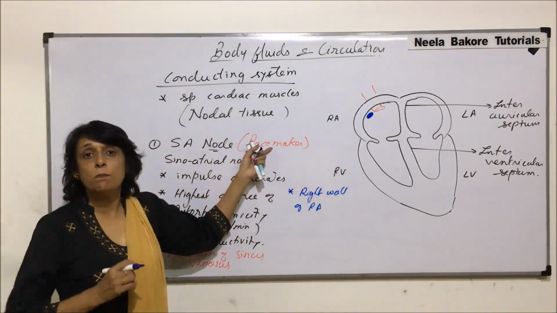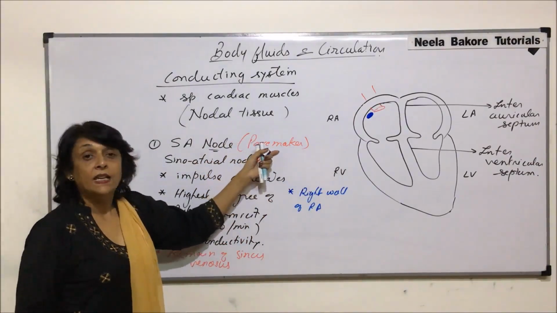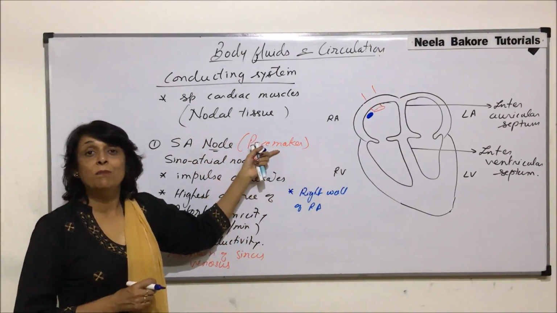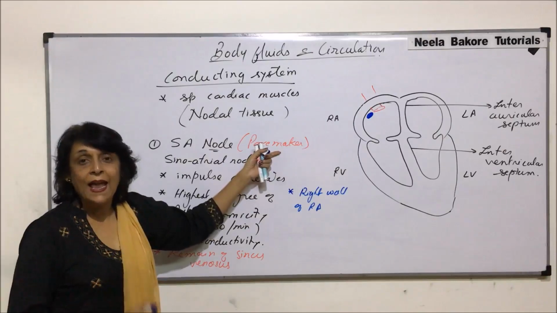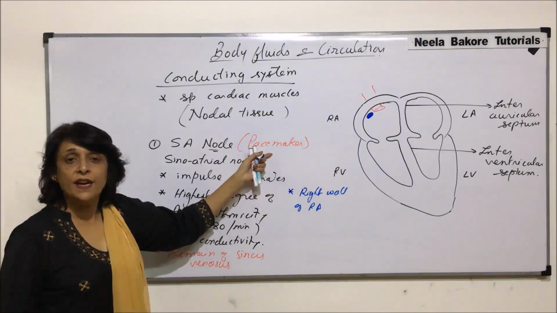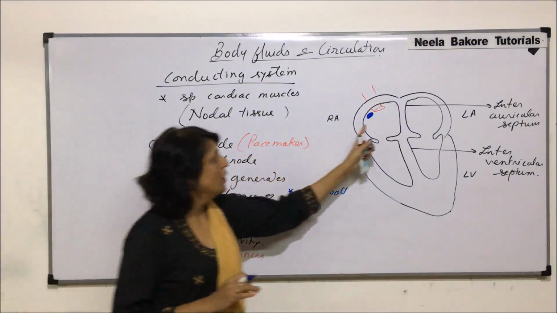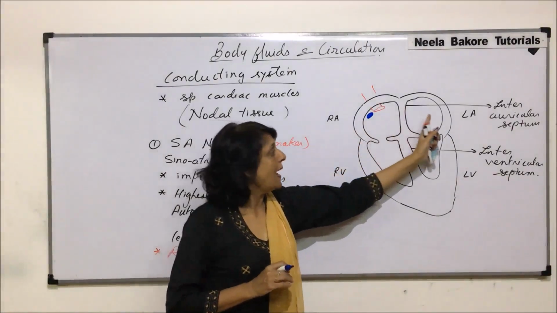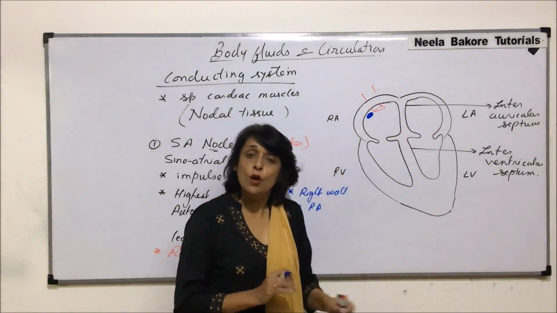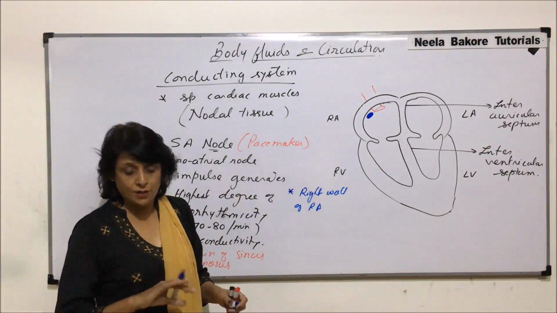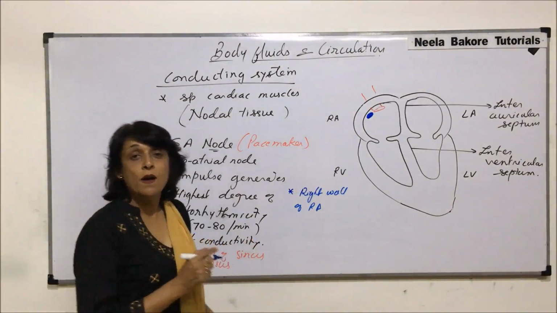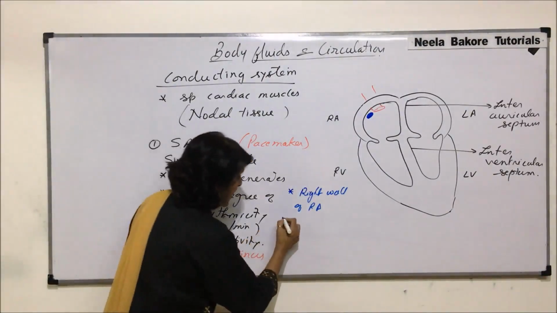And this is the pacemaker. This is the place where the impulse is going to be generated. Once this impulse is generated, it travels on the wall of the right atrium and left atrium through special cardiac muscles at a speed of 1 meter per second.